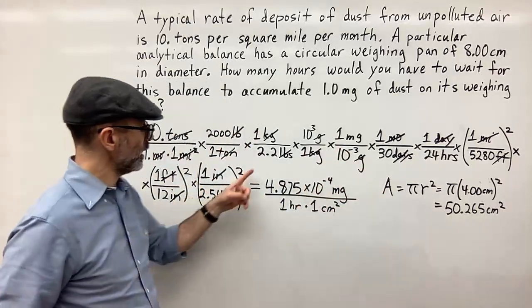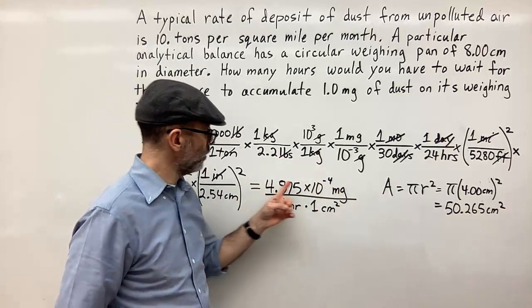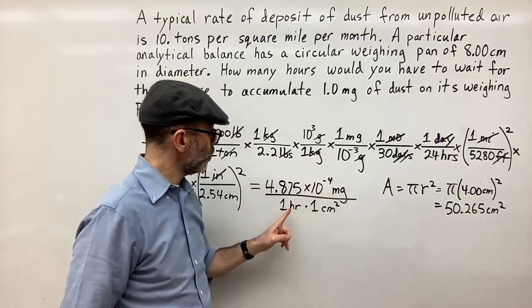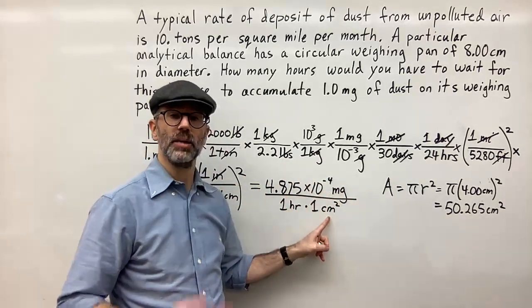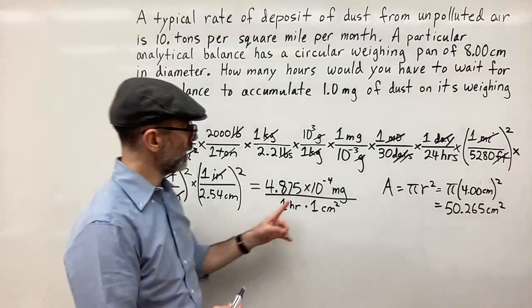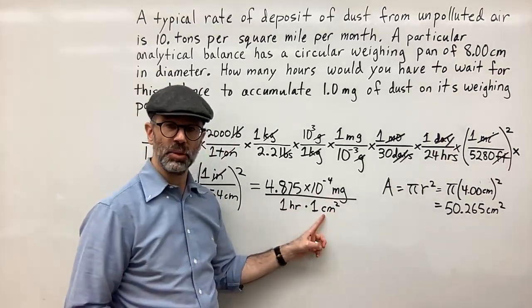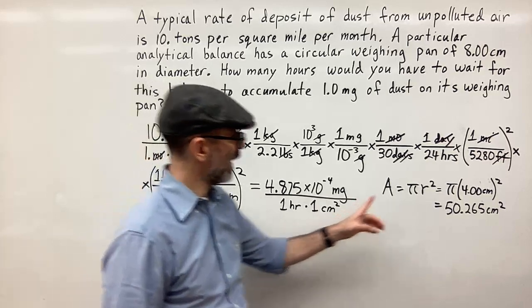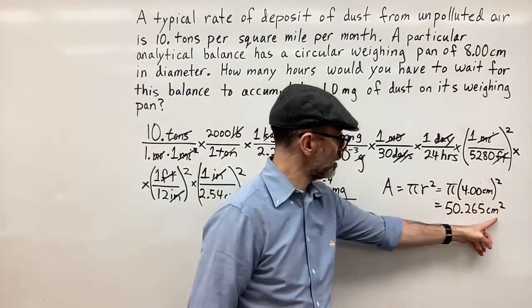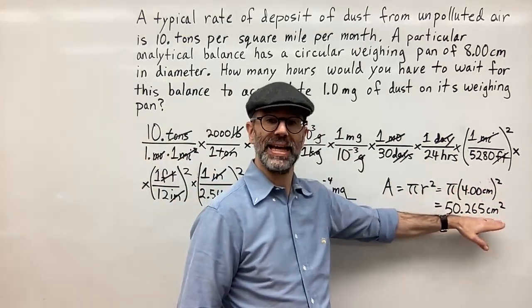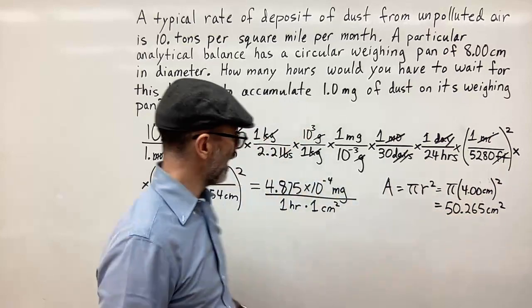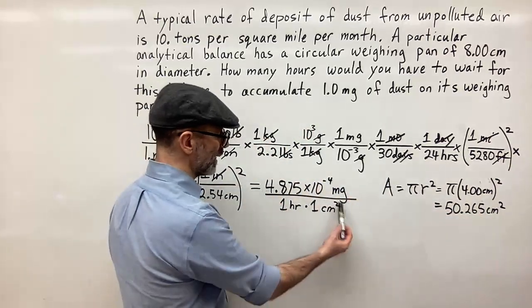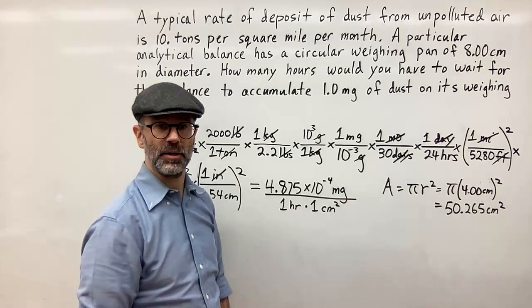And we're told here, we calculated here, that this is the number of milligrams per hour per centimeter squared. So notice that centimeter squared is on the bottom here, and I have an area of this amount centimeters squared. So if I take the area and multiply it by this, I can cancel out centimeters squared.